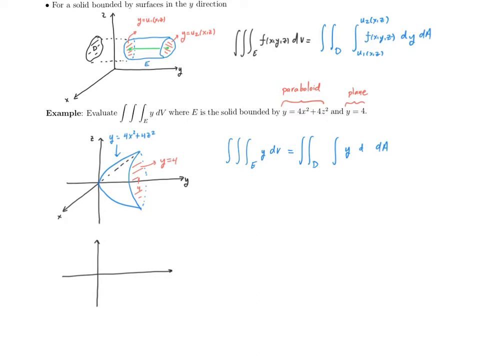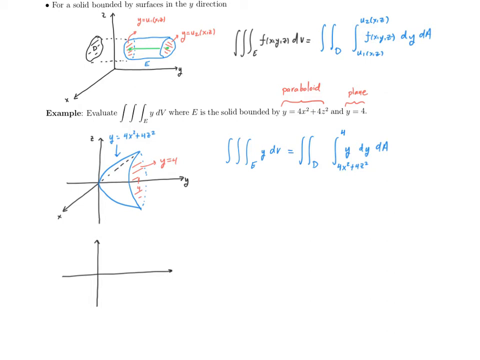Because we're visualizing this solid as varying in the y direction, we're going to put y as our inside variable of integration. In that direction, we are varying from the smaller surface, given by the paraboloid, up to the larger surface, given by the plane.